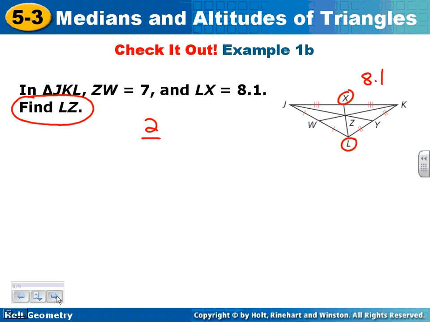So with the calculator, just take 2/3 and multiply it by 8.1, whatever that would be. Just use your calculator. Well, if I want to keep going, what would ZX be? Find ZX, that's the 1/3 part. So to find that one, you would just take 1/3 times 8.1. Again, use your calculator.